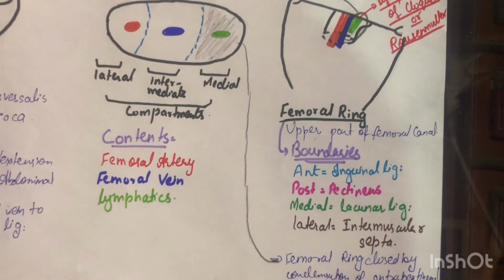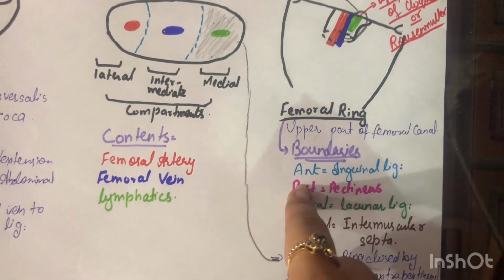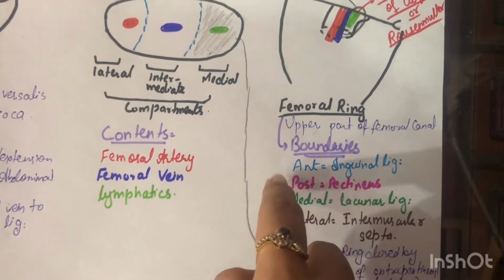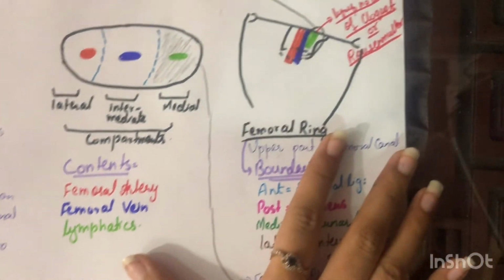Then the next thing is the femoral canal. Yes, one more thing about the femoral canal is that it is a weak point in the lower abdomen and is a site of femoral hernia.